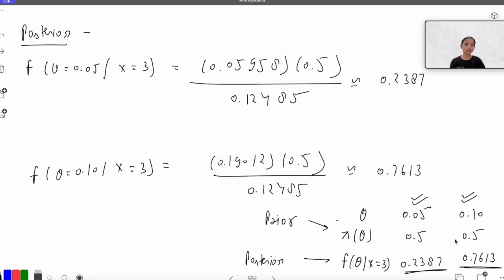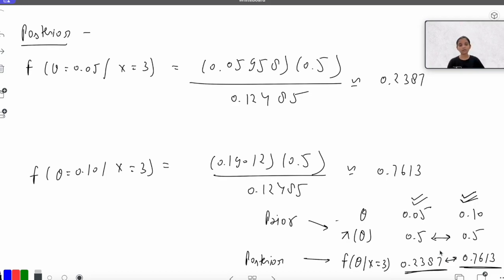For theta equal to 0.10, there is a high probability in comparison to theta equal to 0.05. So theta equal to 0.10 is approximately 3 times more likely than the other one. The previous information is they are equal, and now the updated probability shows quite a difference between these two probabilities. That's what the posterior probability does.